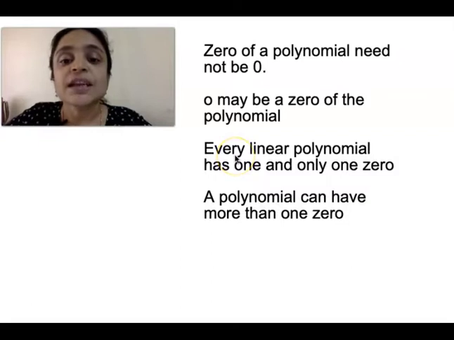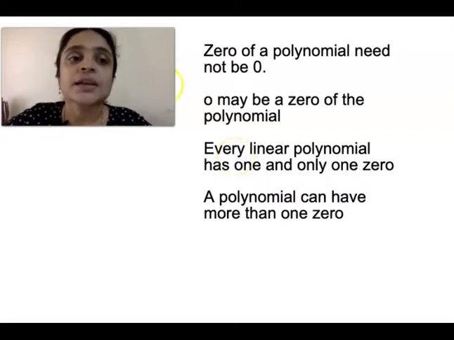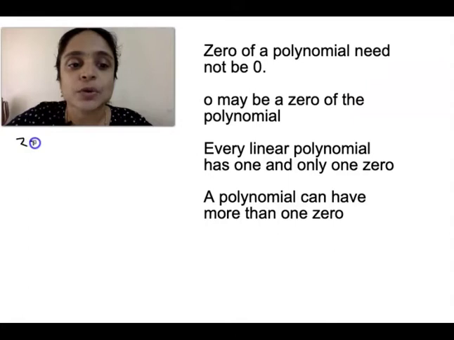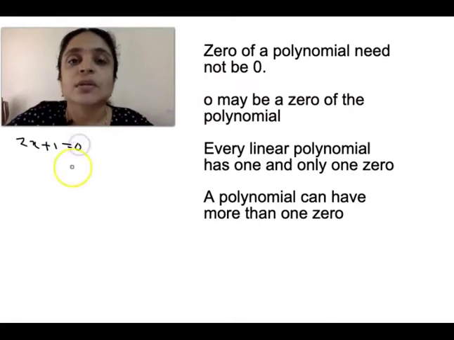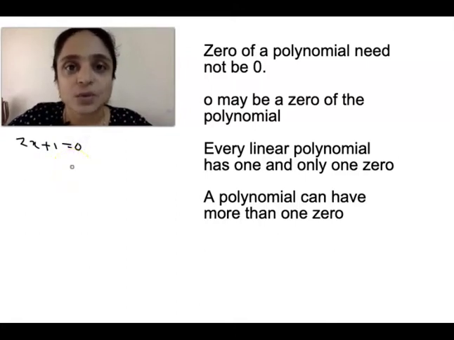Then, every linear polynomial has one and only one zero. What are linear polynomials? I will give you an example. 2x plus 1 is a linear polynomial. The value for which p of x equal to 0 is called the zero of the polynomial.